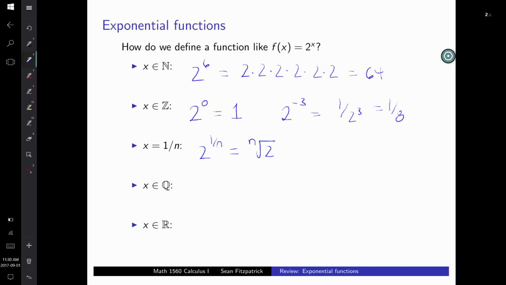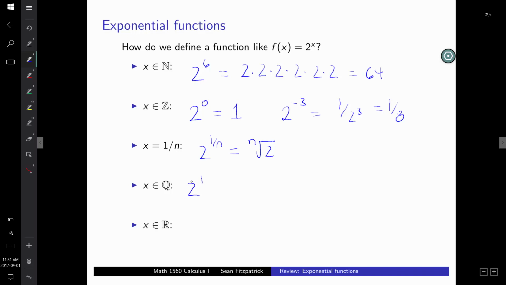One of the reasons for this is you can make sense of it in terms of laws of exponents. If you add this exponent to itself n times, you end up with 2 to the 1. So you should expect that an nth root is something that you multiply by itself n times to get back to the original number.